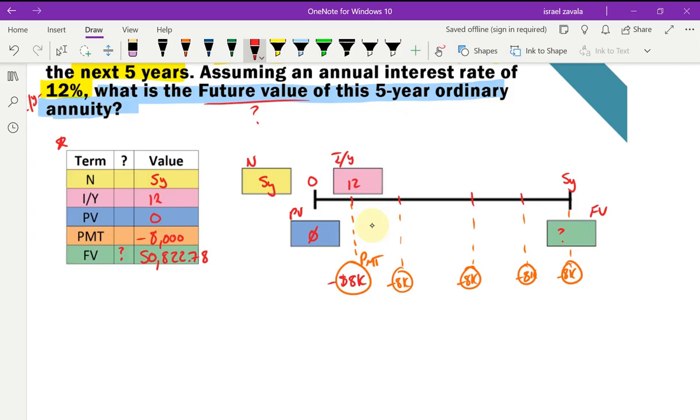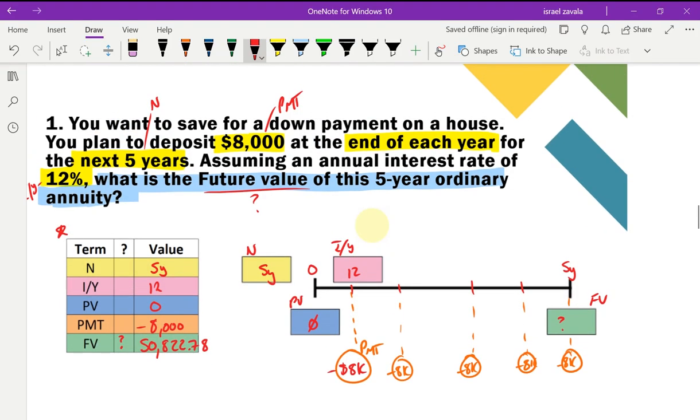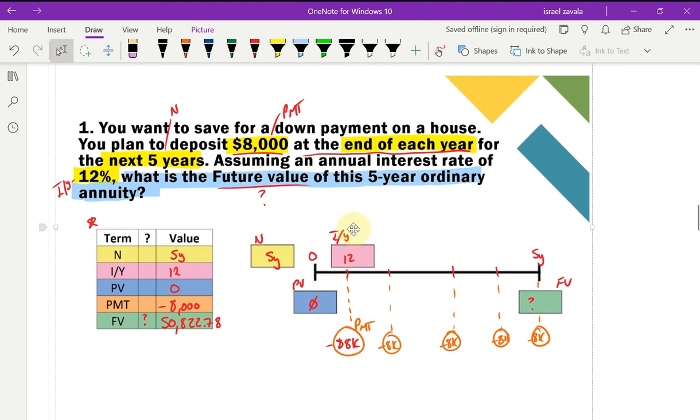Pretty straightforward, nothing too crazy. What it comes down to is understanding and pulling out the terms from the question, right? So what was new here was you plan to deposit $8,000 at the end of each year. That should be a signal to you that that's a payment or an annuity, an ordinary annuity. All right, so that was pretty much it for the first question. Let's keep going here.